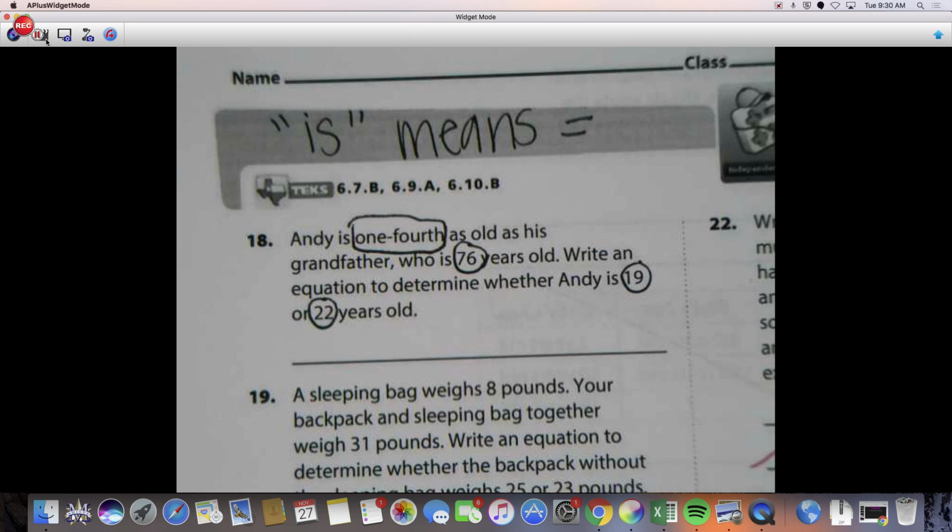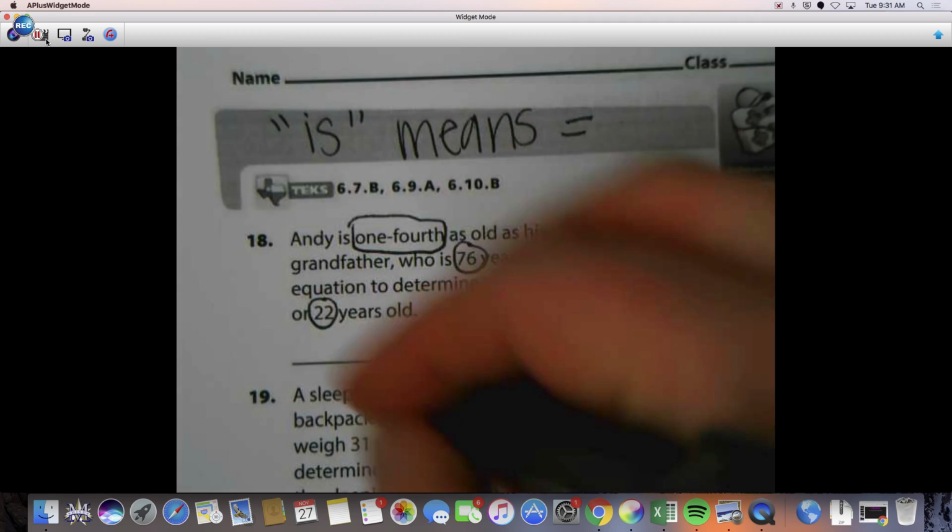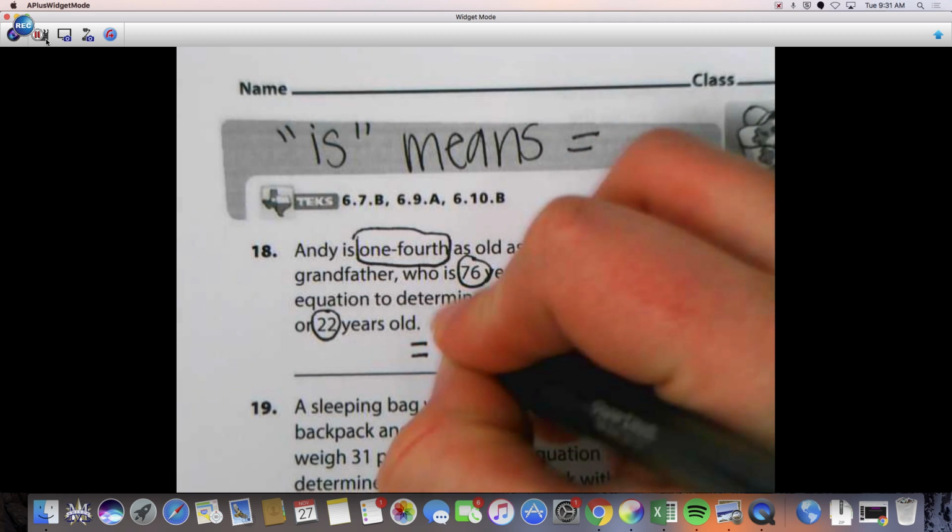All right, how can I write that, Sophia? Yeah, our equation needs to say equals 76.